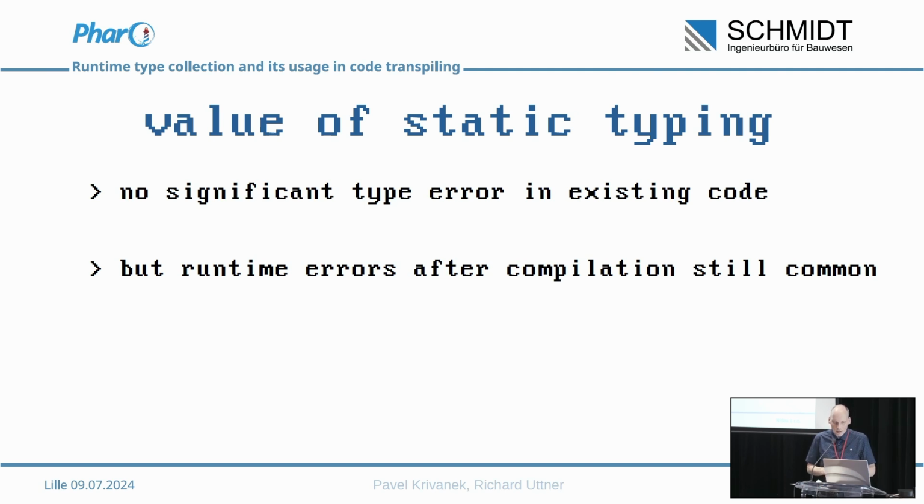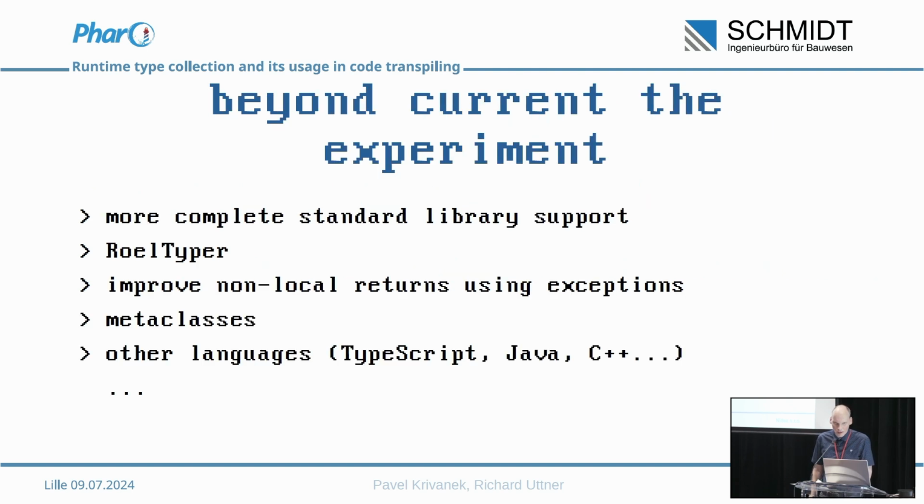So I must say that if you want to use static typing only because of error detection, it's probably not worth it. And even after that, runtime errors like accessing of nulls were still common. So you have, even in C#, the same set of issues that you have in Smalltalk, but you need to deal with the types in advance.